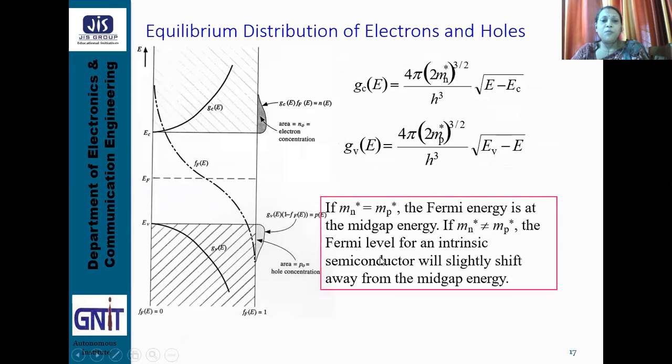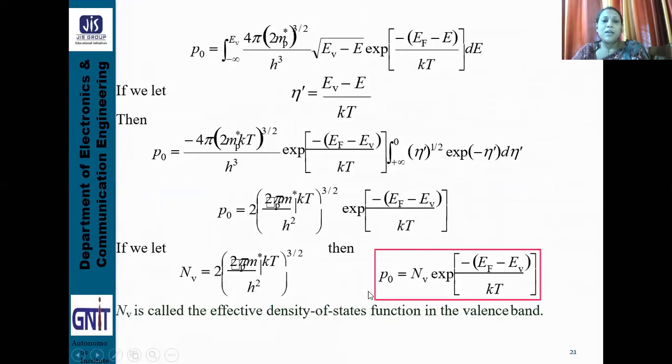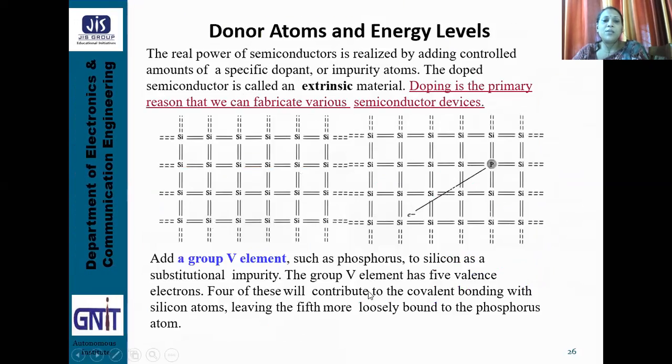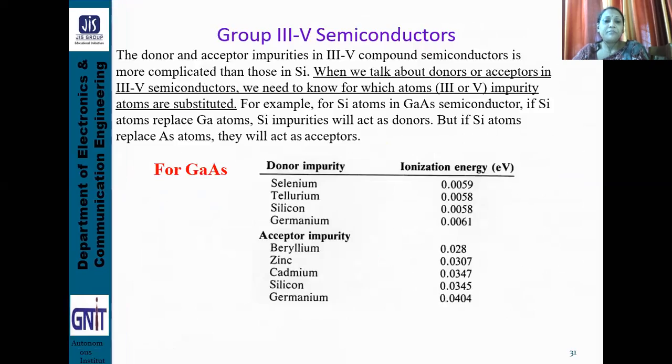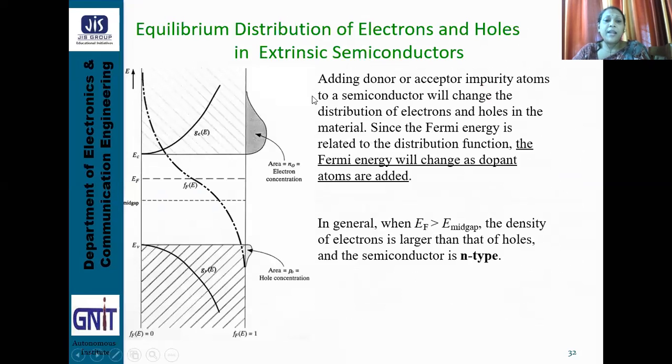But if we now consider the extrinsic semiconductor, as this is an n-type semiconductor, the electron concentration is much more than the hole concentration. So this region becomes larger than this region.